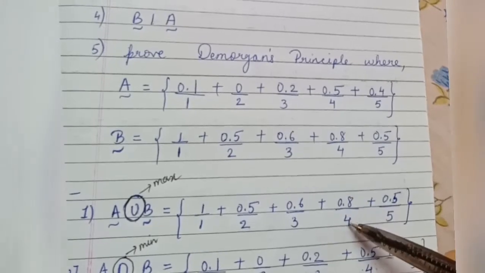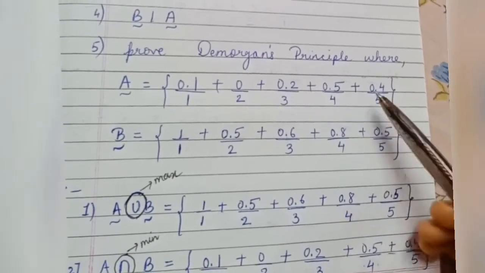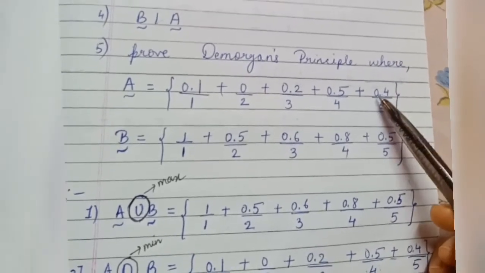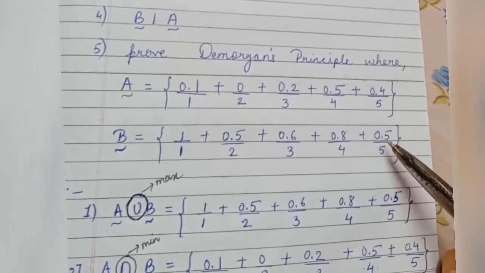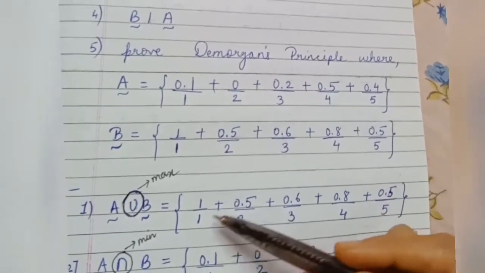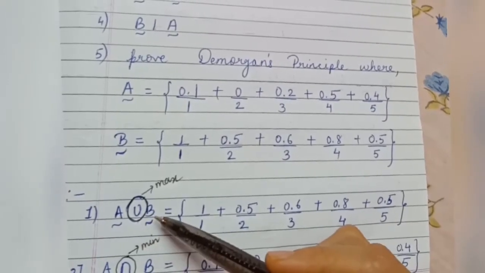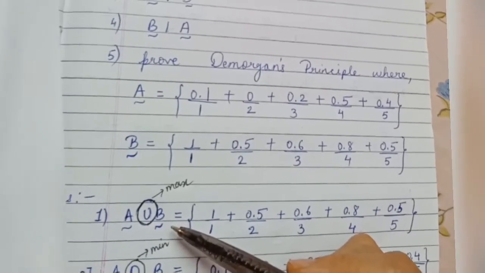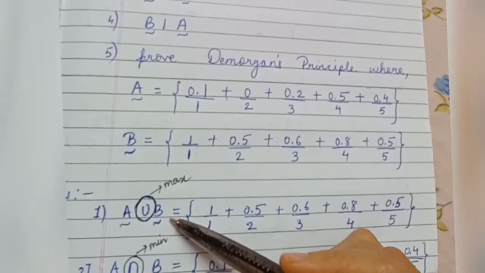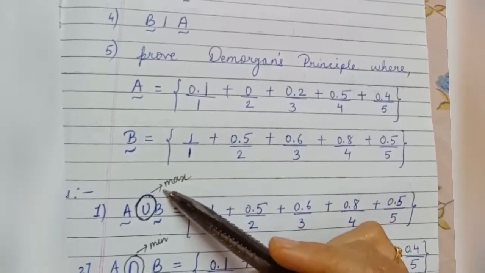The numerator and denominator together form one element. Last element 0.4 and 0.5, which is max? 0.5. Write 0.5 upon 5. So these are the 5 elements in A union B. So to find A union B in fuzzy set, compare two elements and select the max element.